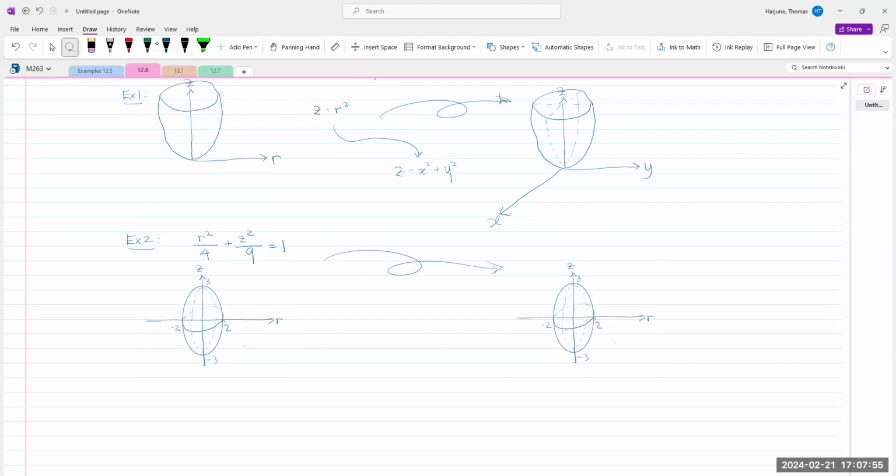But this time I change my r becomes y. And this is my x-axis.